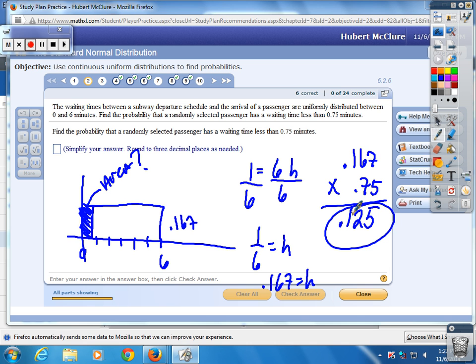Anything having to do with time is pretty much going to be a uniform distribution. Think of wait time in a bank line, waiting to deposit checks or make transactions.